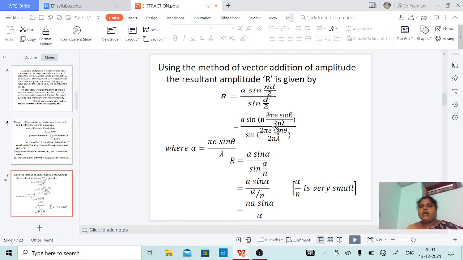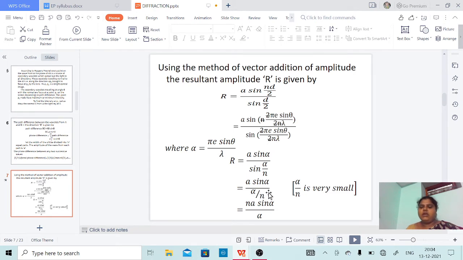Now sine of n d by 2 equals sine of pi e sine theta by lambda. We call this alpha. Now R equals a sine alpha by sine alpha by n. Here there is also an n.